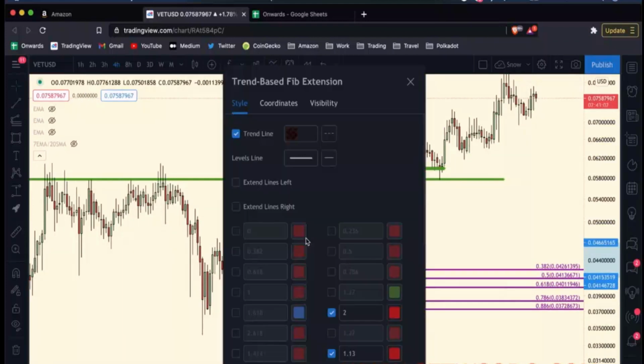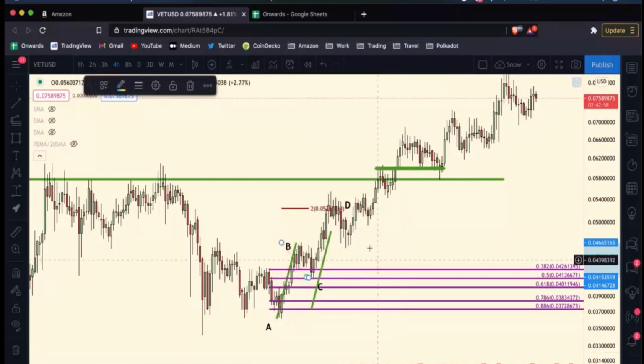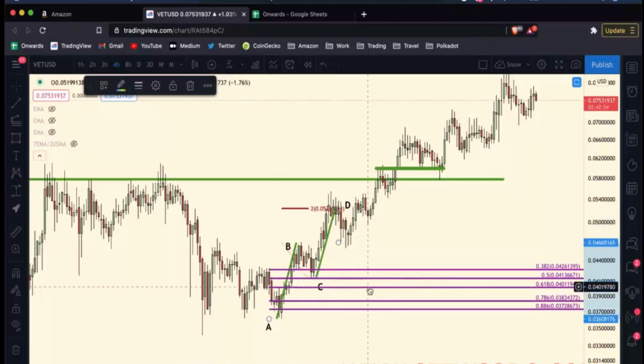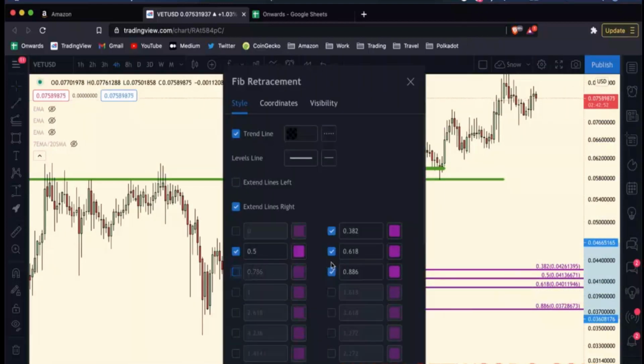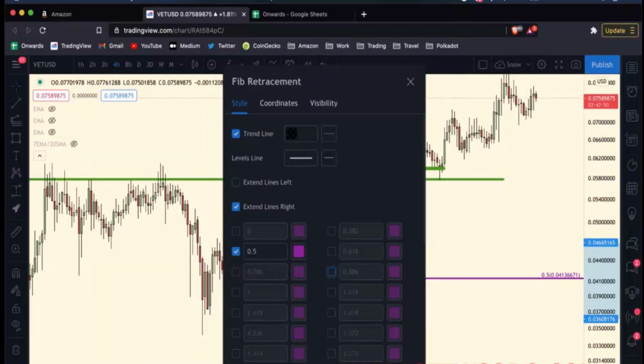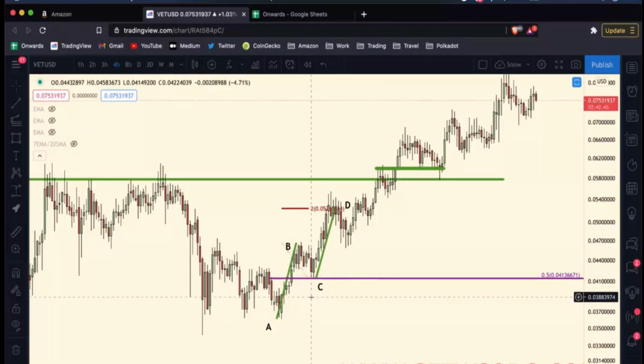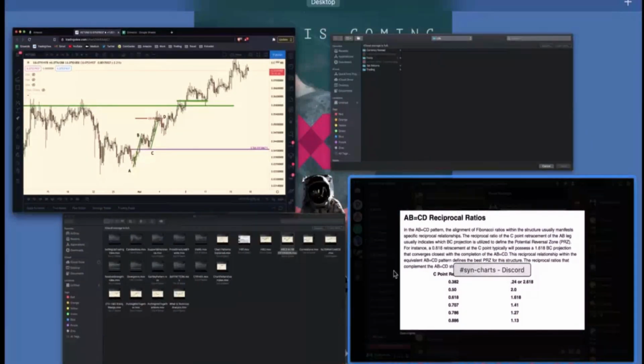Okay, so 113, we're going to leave our 2, we're going to start where we started, we're going to get rid of our Fibonacci numbers that we're not using, as always, to keep a clean chart. And we're going to talk about the next one. So that's the BC projection. That's your guide for the symmetry to look for.